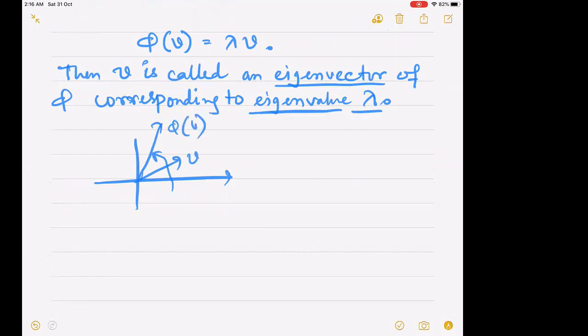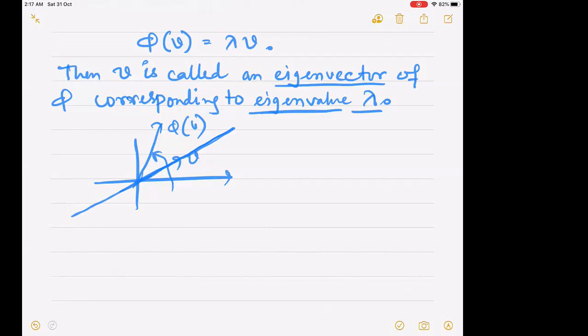But for eigenvectors, they are special because the action of the operator on the vector just elongates or contracts this vector, doesn't make it rotate, doesn't make it move out of this span of v, right? That's why they are called eigen. They're special vectors. In some sense, the linear operator phi is kind of biased towards these vectors. And eigenvalue is the corresponding eigenvalue, right?